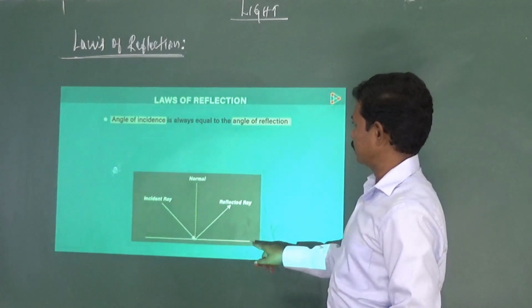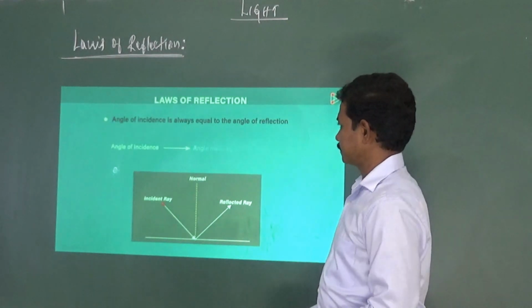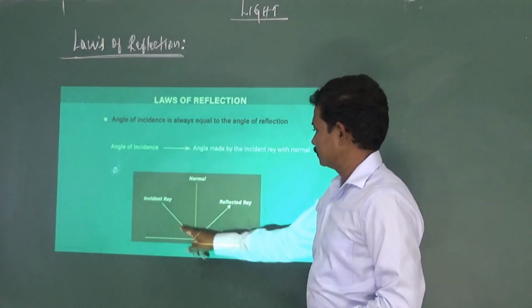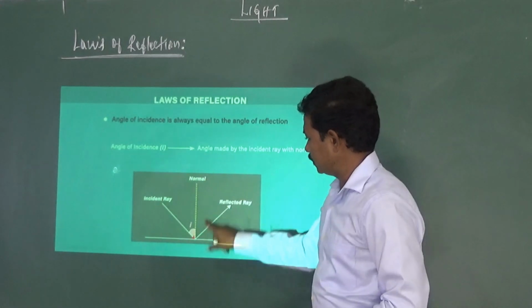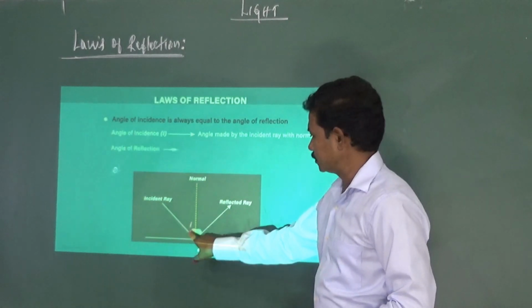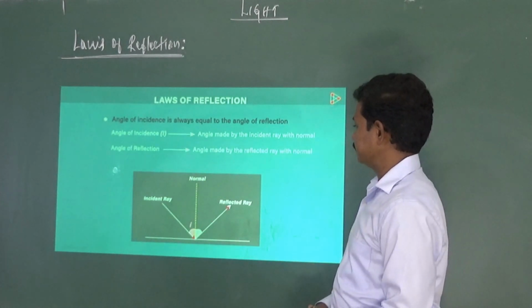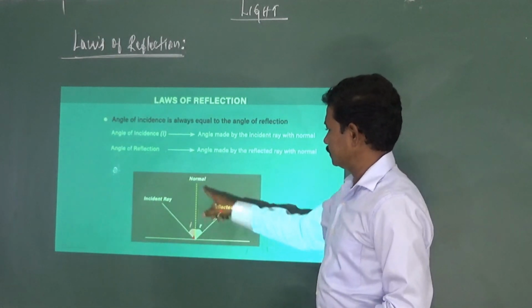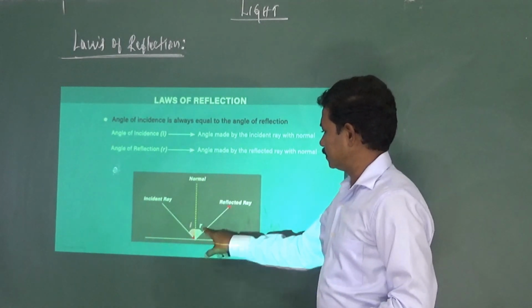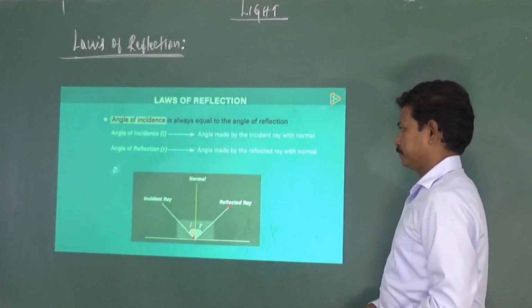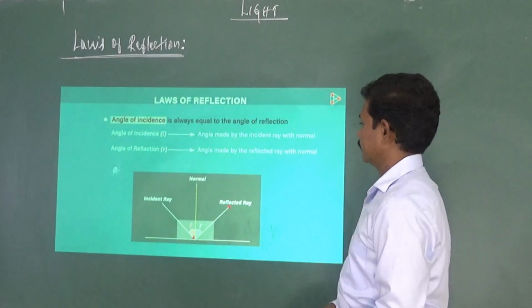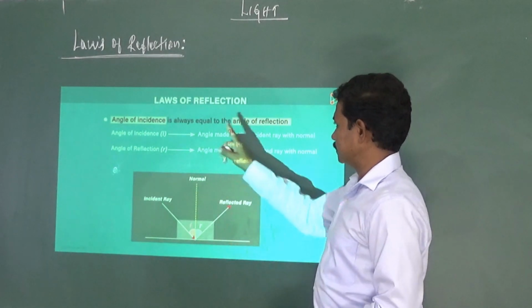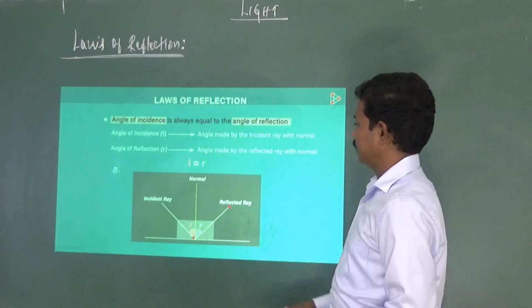Now you can see the angle of incidence here, between the incident light ray and the normal. This is the angle of incidence. It is represented by small letter i. This is the reflected ray. This is the normal, and this is the angle of reflection. Angle of incidence is always equal to angle of reflection.